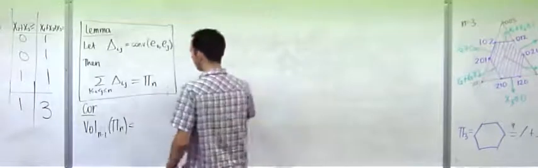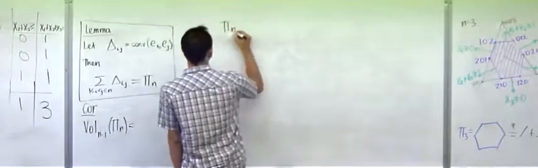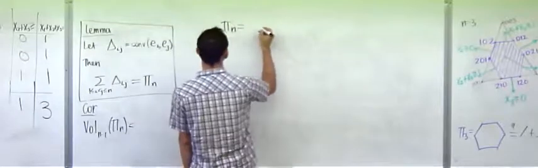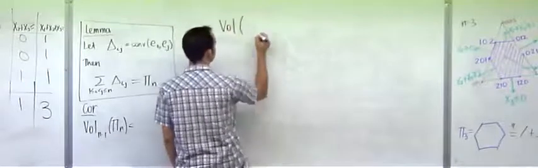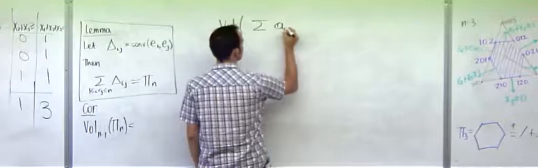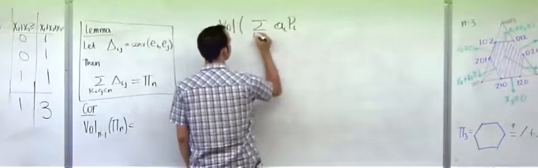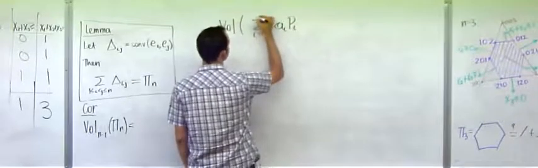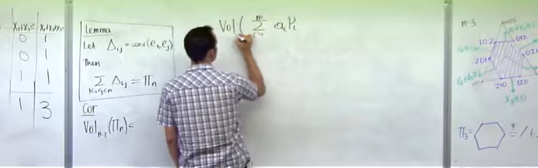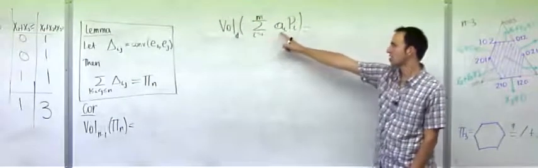Actually, let me spell it out a little bit more, because I'm doing a step here. The volume of the sum of a_i P_i, from i equals 1 to m, the d-dimensional volume. Remember, we said that this was a homogeneous polynomial in the a_i's.